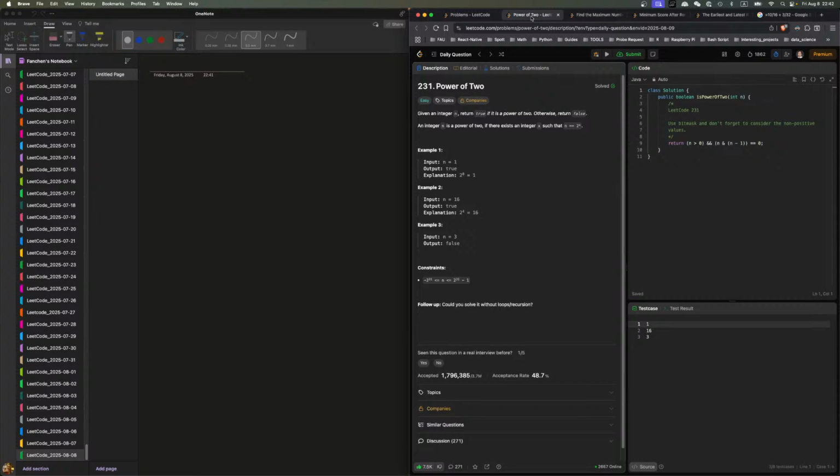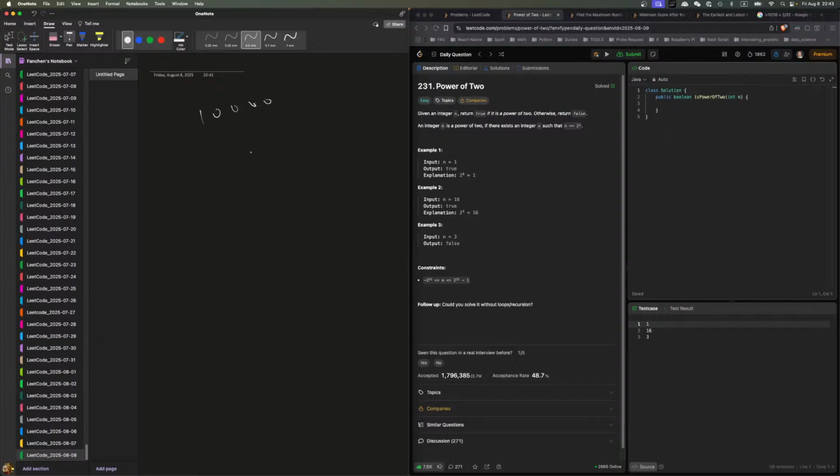Return true if it is power of 2, otherwise return false. Oh, I've done this before. Some bit manipulation, right? So power of 2 is 1 followed by lots of zeros.